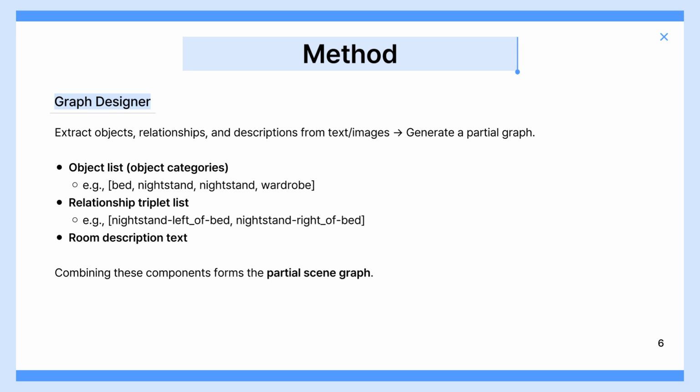The third is a textual description of the room. This provides contextual information summarizing the scene. By combining these 3 elements, the system constructs what is called a partial scene graph. This graph becomes the main conditioning signal for the later stages of the pipeline.